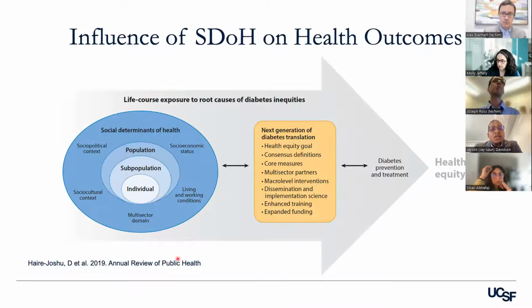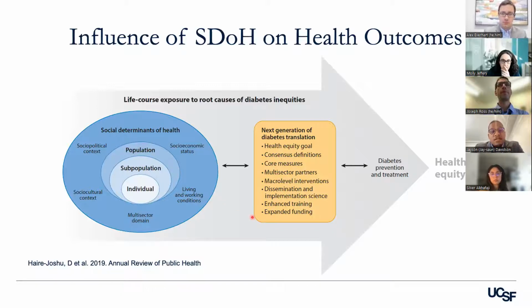So what is the influence of social determinants of health on health outcomes? Disparities in diabetes burdens exist in large part because of social determinants of health, which affect the individual, subpopulation, and population levels through socioeconomic status, living and working conditions, multi-sector domains, and social, cultural, and sociopolitical context.